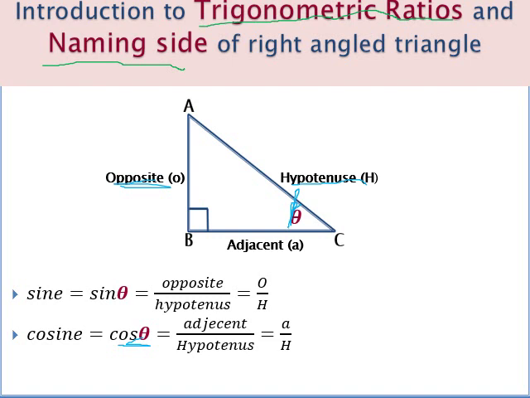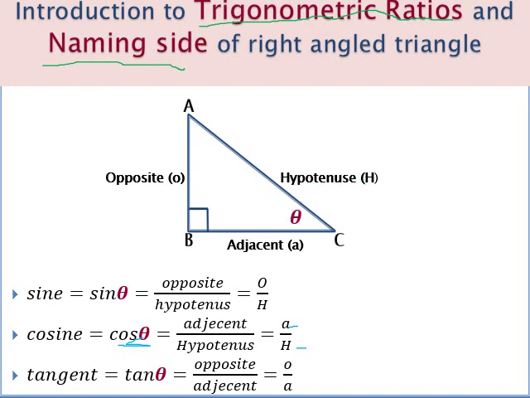Then that can be further written as A over H. The last trigonometric function is what we call the tangent.